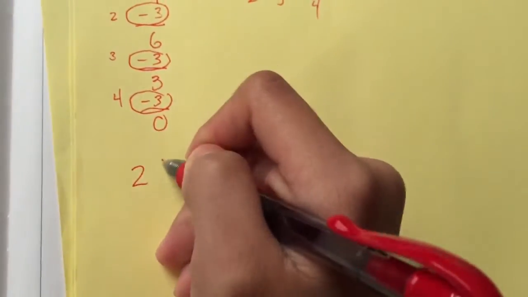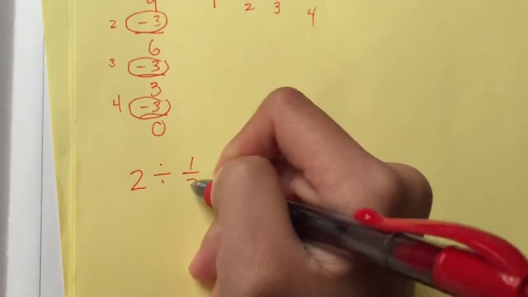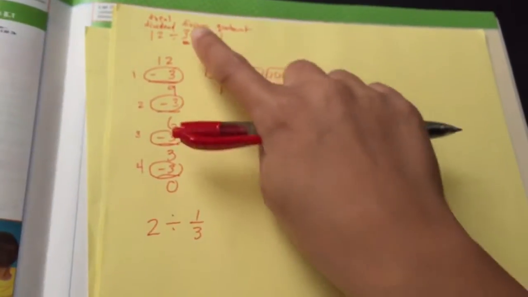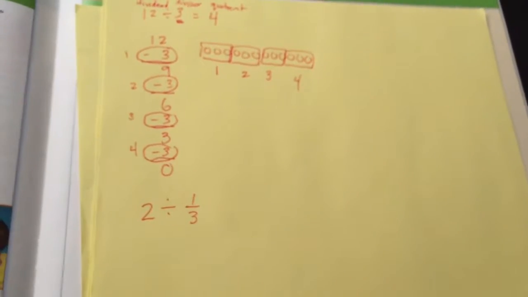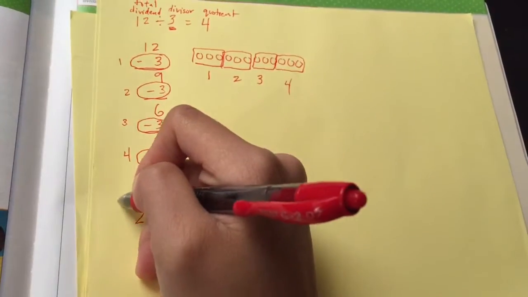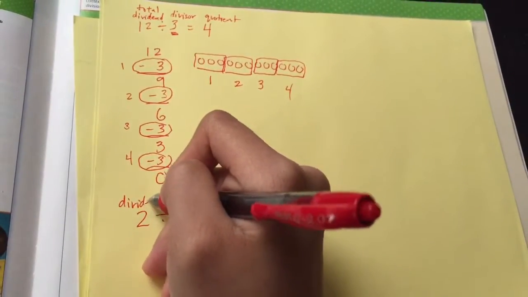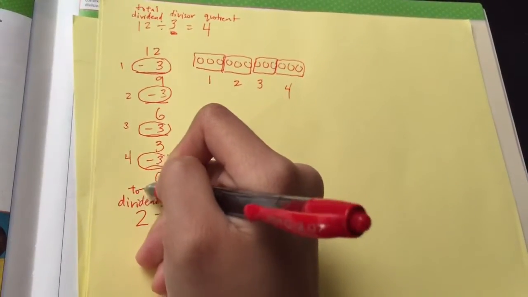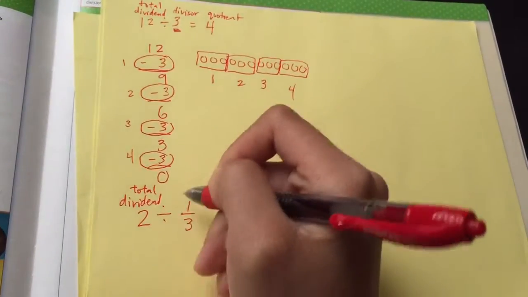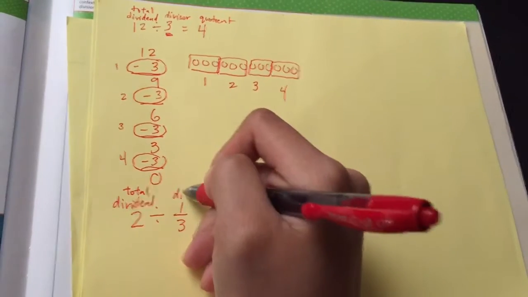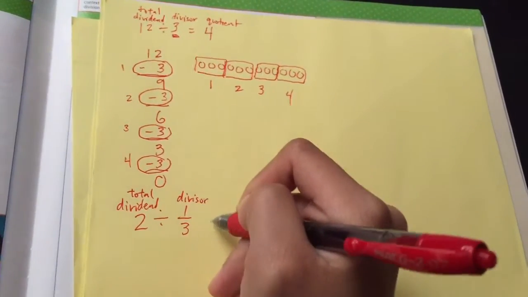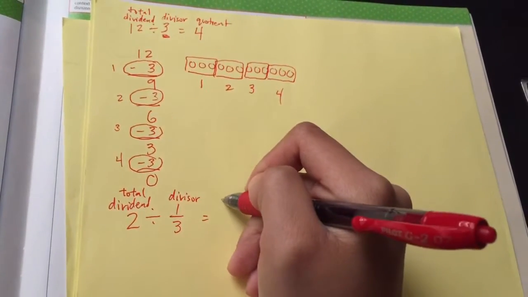2 divided by 1/3. Looking at the vocabulary from above, the 2 is our dividend, and that is our total. And 1/3 is our divisor. We're trying to find the quotient.